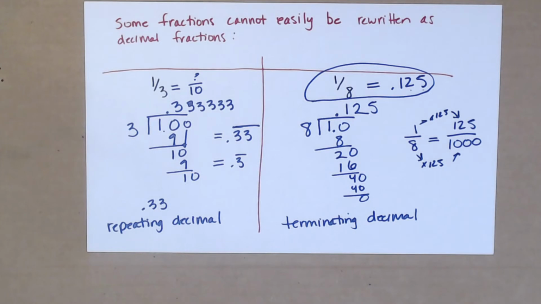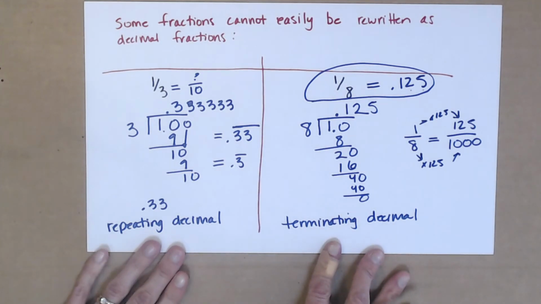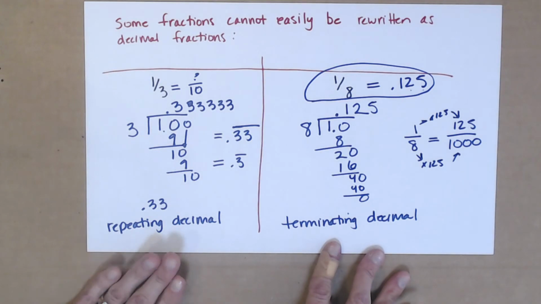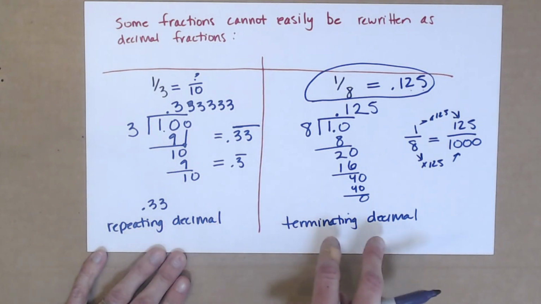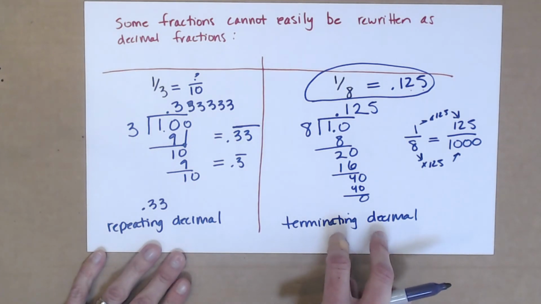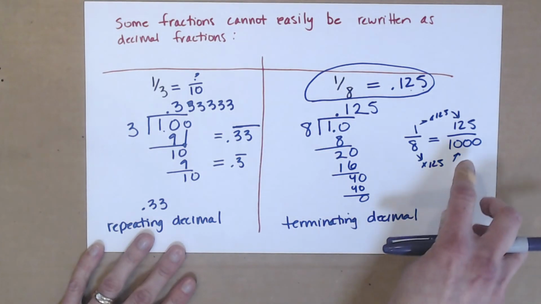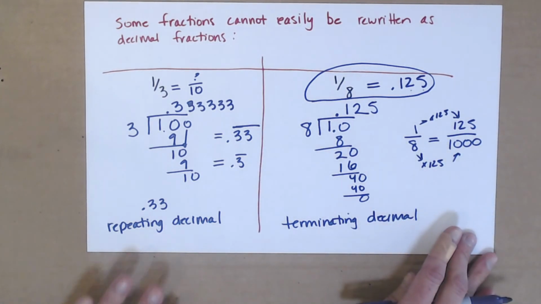Okay, so in summary here, any fraction you have, when you convert it to a decimal, will be either repeating or terminating. So anything that's a terminating decimal actually could be written as a decimal fraction where that denominator is a power of 10.